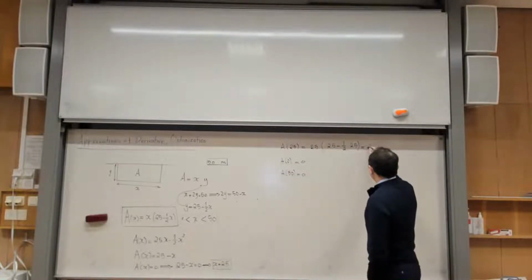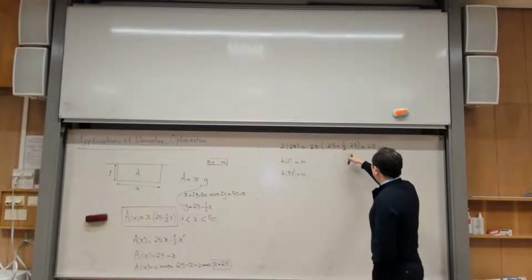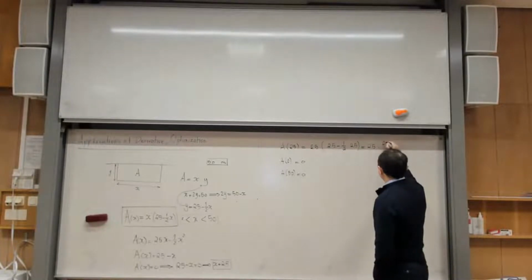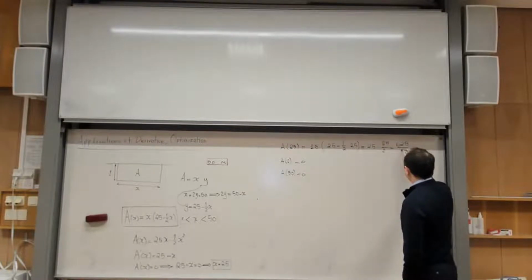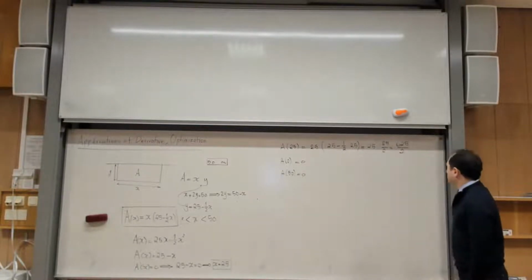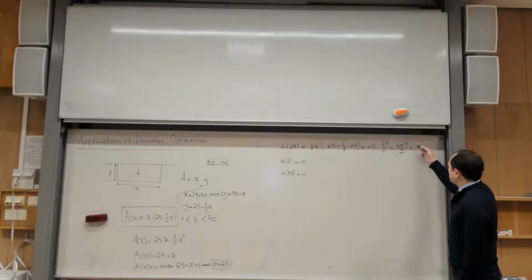So this becomes 25 multiplied by 25 minus 1/2 of 25, 25 over 2 is left, so it becomes 625 over 2. If you want, let us write it in decimal points, it doesn't matter: 312.5.